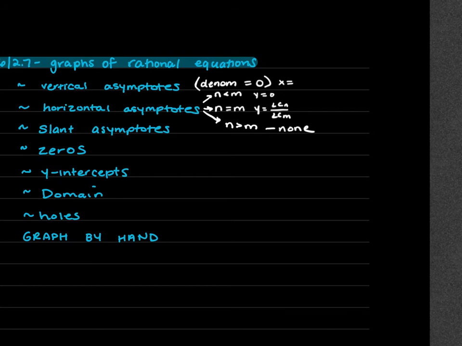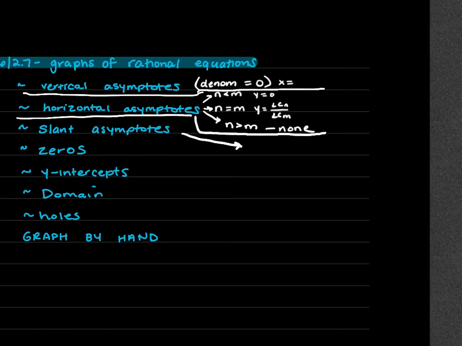The slant asymptote occurs when the numerator n is 1 more than m. So the exponent in the top is 1 more than the exponent in the bottom.